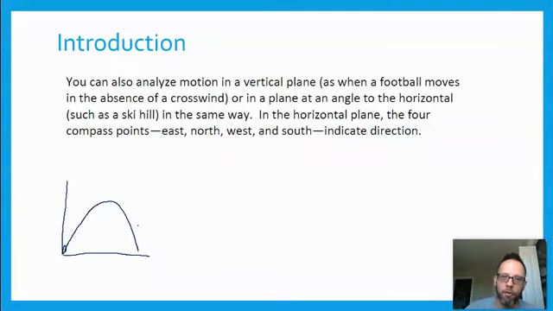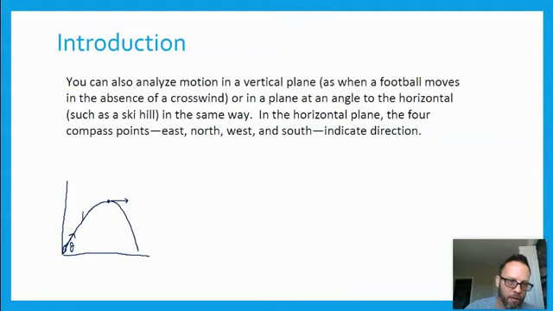In the absence of crosswind, it's going to follow the path of a parabola, and maybe it's launched at some angle theta. So we're going to need tools to analyze this motion, because at every step of the way, this projectile has a certain horizontal component of speed, and at the top might be horizontal.